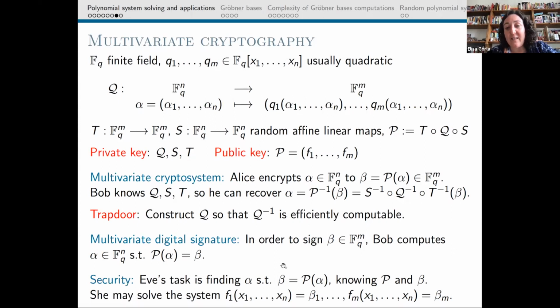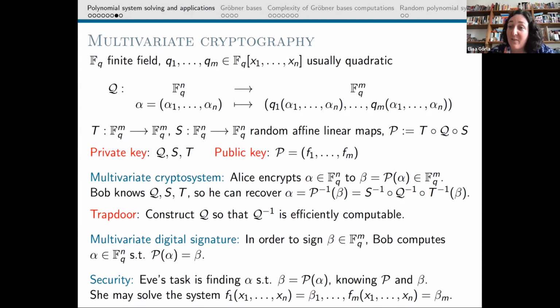So the task that Eve has to solve in order to decrypt is: she knows P because P is public, known to everybody. She knows beta because beta was sent over the channel and she was maybe able to read it from the channel. And so she wants to find the alpha such that P of alpha is equal to beta.